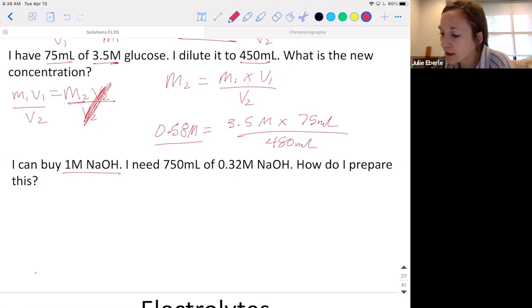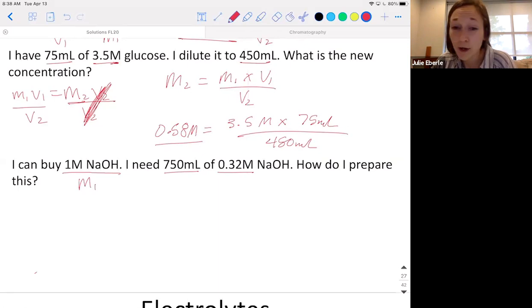I can buy 1 molar NaOH. I need 750 milliliters of 0.32 molar NaOH. How do I prepare this? So essentially, what are we given? Let's label our problem. Whichever one is more concentrated, we'll call this M1, the initial concentration.